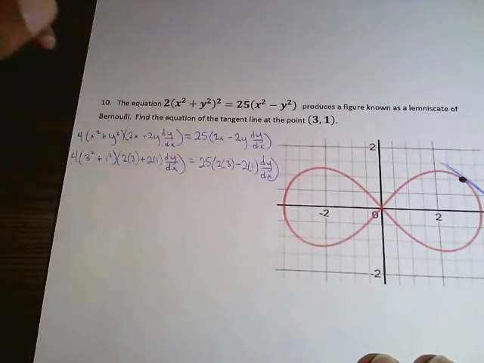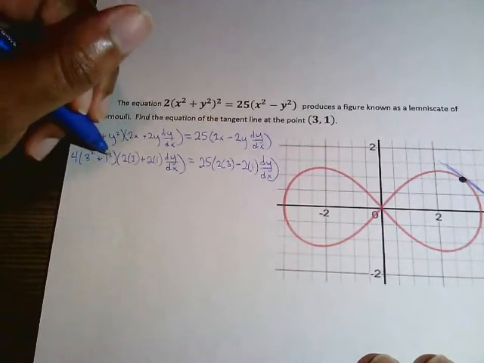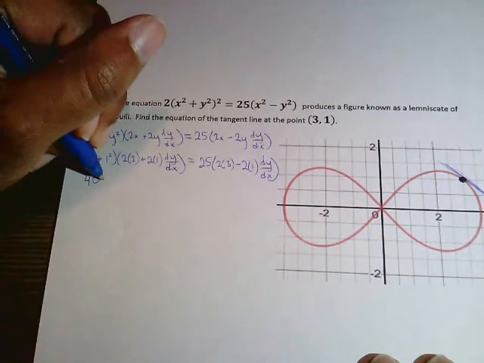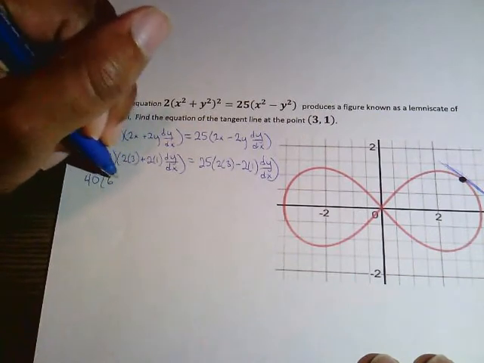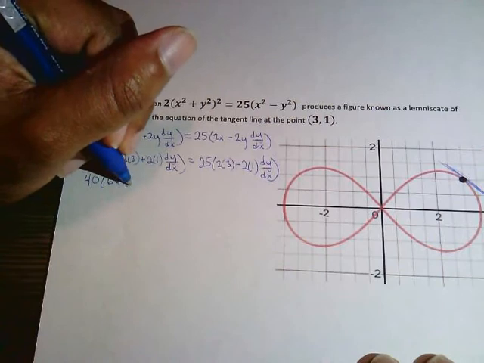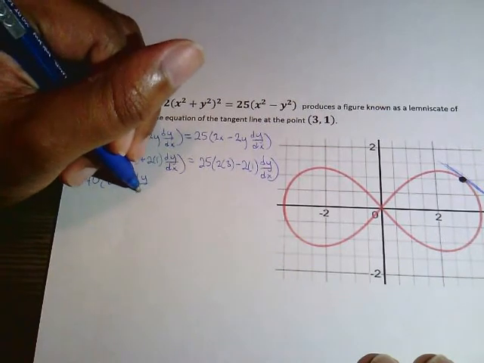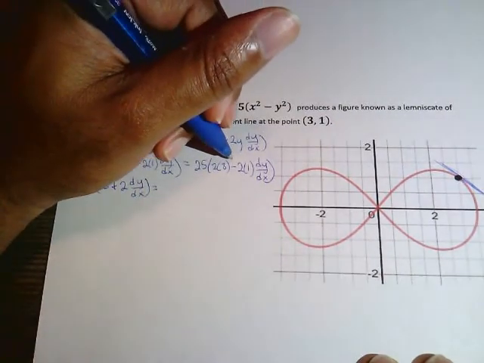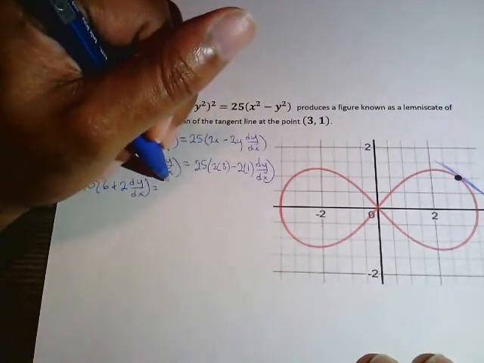Now we simplify. So 4 times 9 plus 1 will be 4 times 10, so this will be 40. And this will be 6 plus 2 dy/dx. And that will equal, we have 6 minus 2 dy/dx.